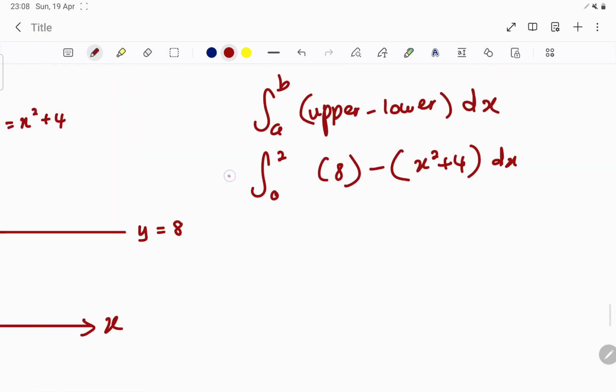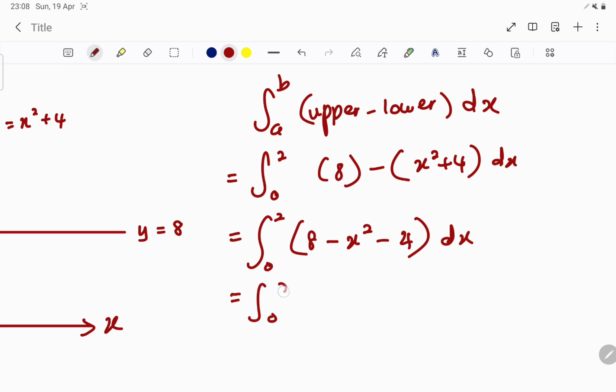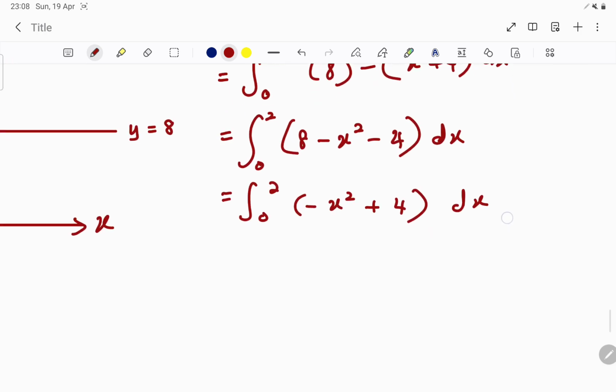Then you solve this: 8 minus x squared minus 4 dx, from 0 to 2, which gives negative x squared plus 4 dx.